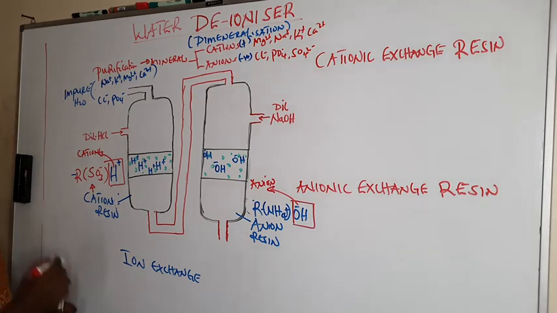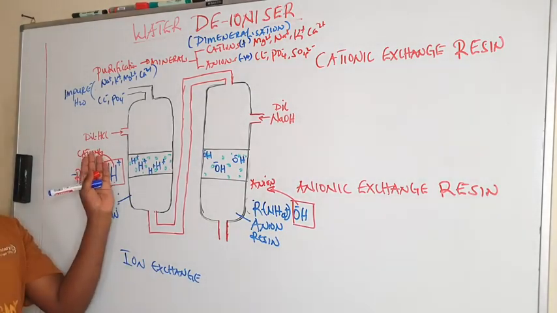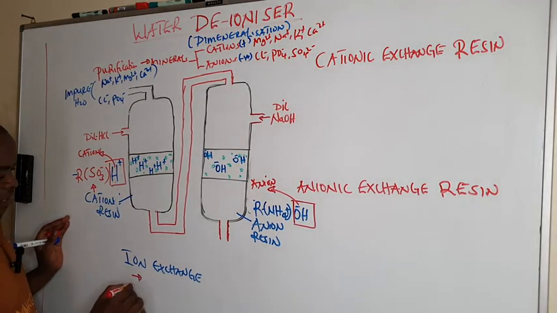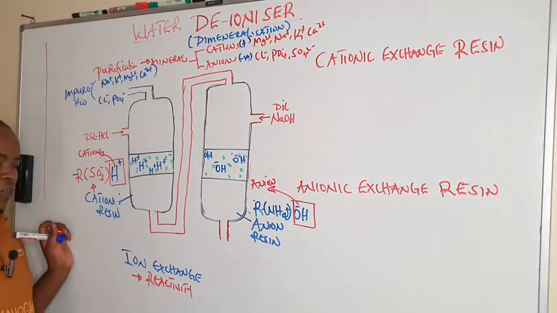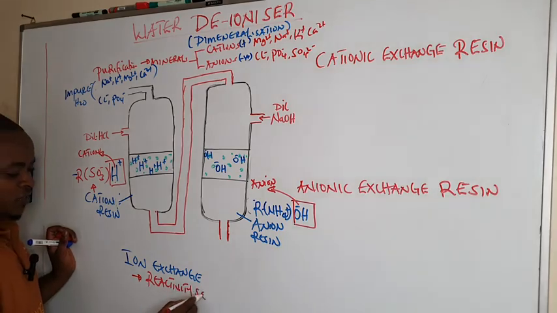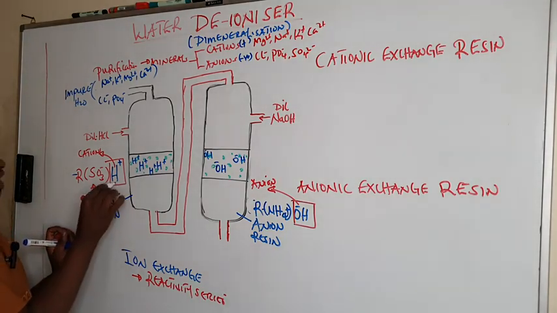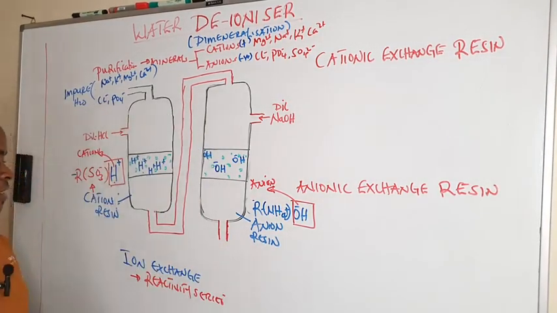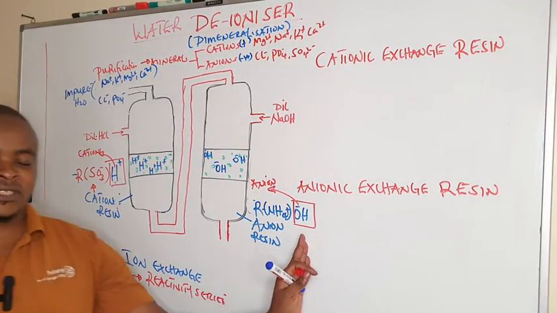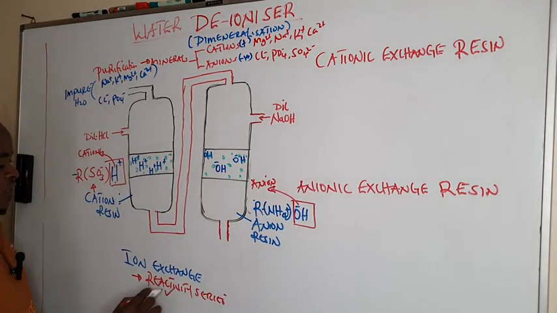So how does hydrogen ion exchange with the cations? It works under what we call the reactivity series. You remember components in group 1 and group 2 differ in their reactivity, whereby here we are using hydrogen because it is among the least reactive cations, whereas hydroxyl is among the least reactive anions according to the reactivity series.